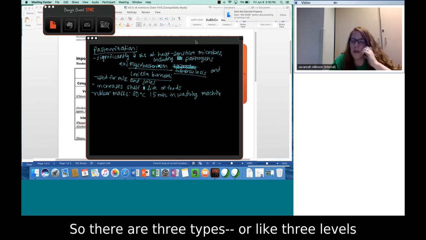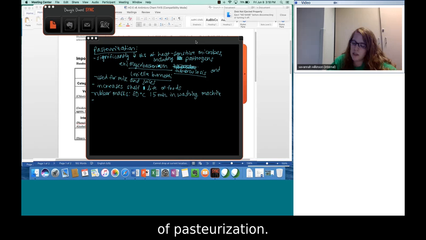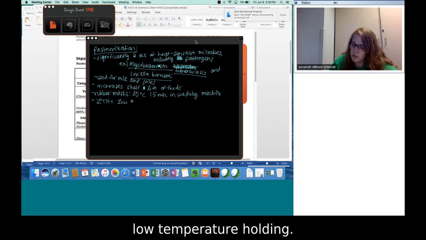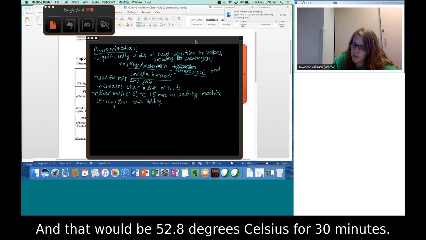So there are three levels of pasteurization. Originally we had low temperature holding, which is 52.8 degrees Celsius for 30 minutes.